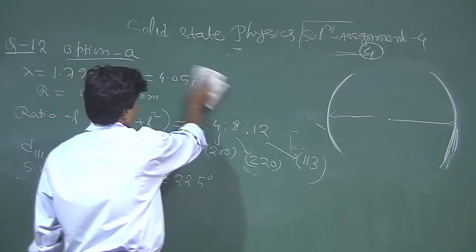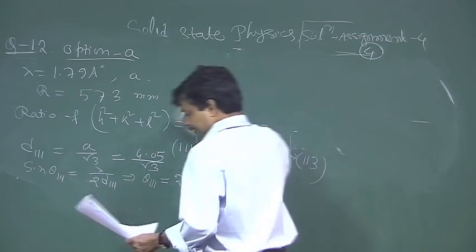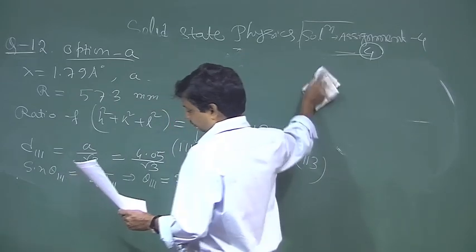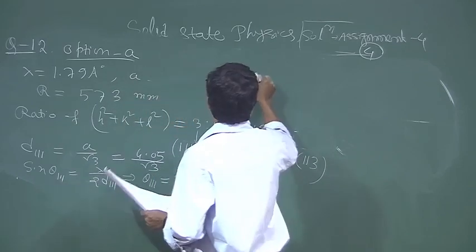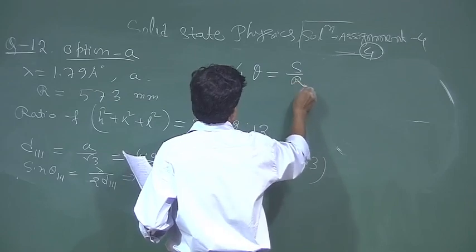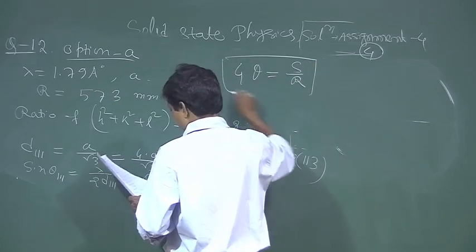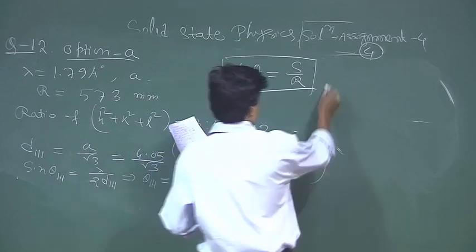Now, here two relations are to be seen. What are these? One relation is 4 theta is equal to S by R, where theta is in radian.